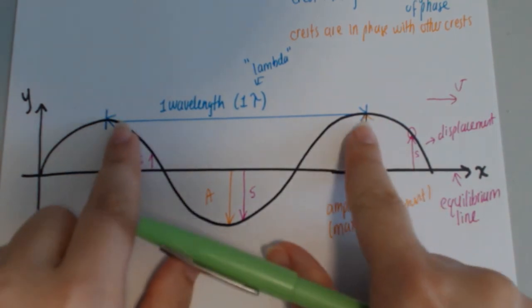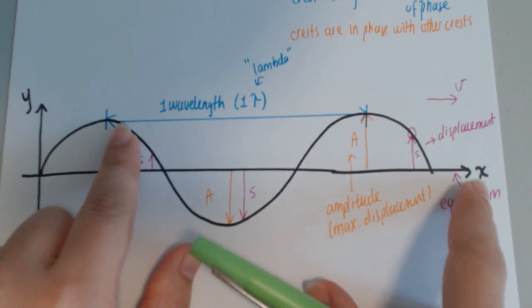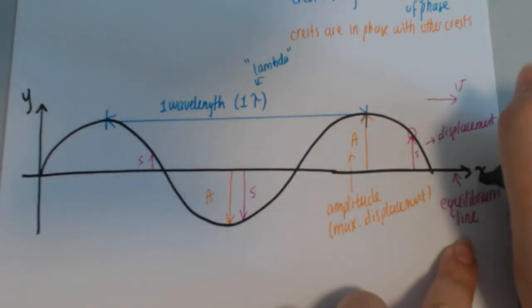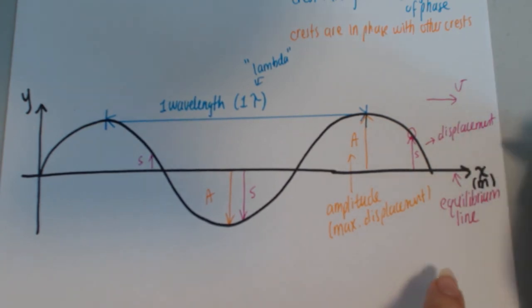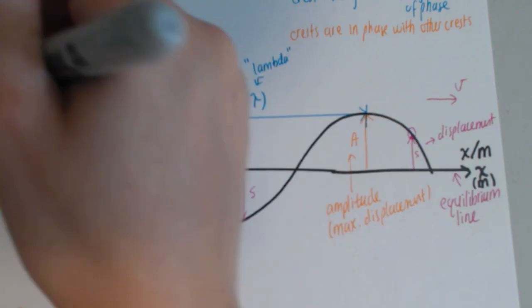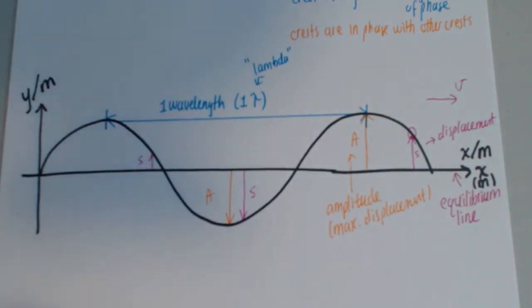The reason I can say that this is the wavelength is because this here is x. Okay, x is a unit of measure, which means distance. So usually x would be measured in meters. So in fact, I should write it like this, x/m, and y is measured also in meters.